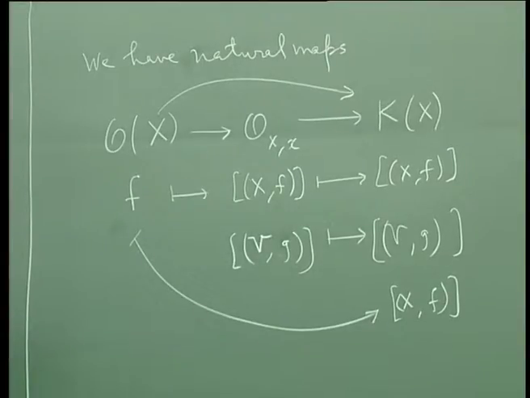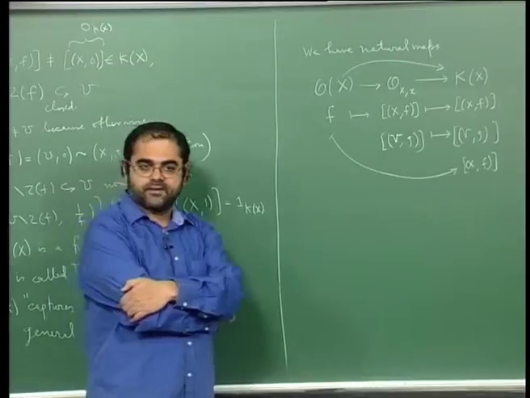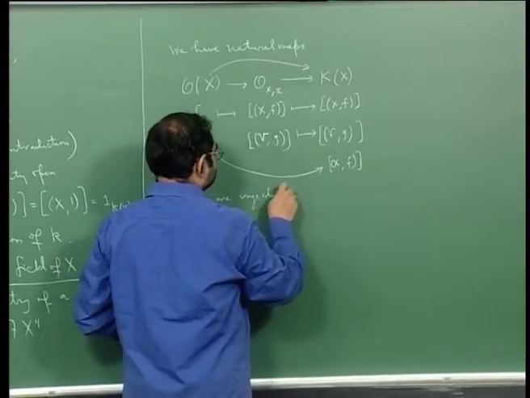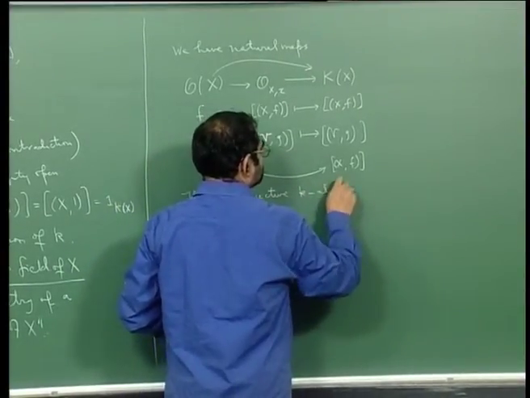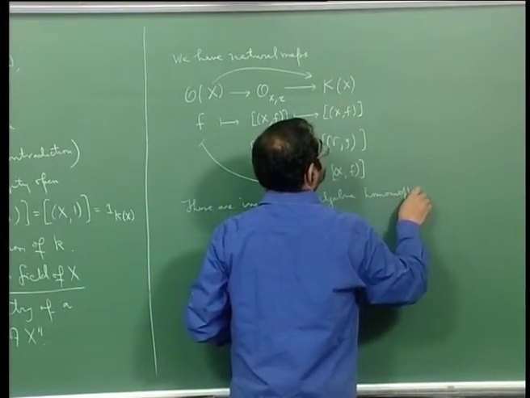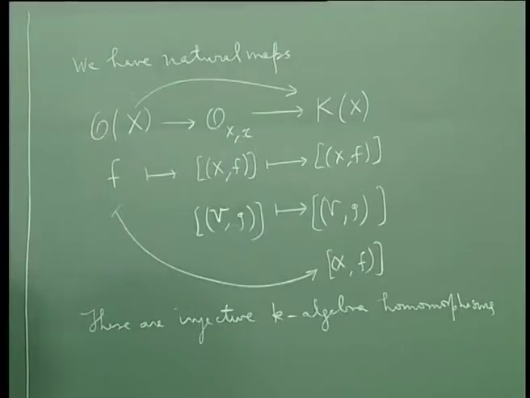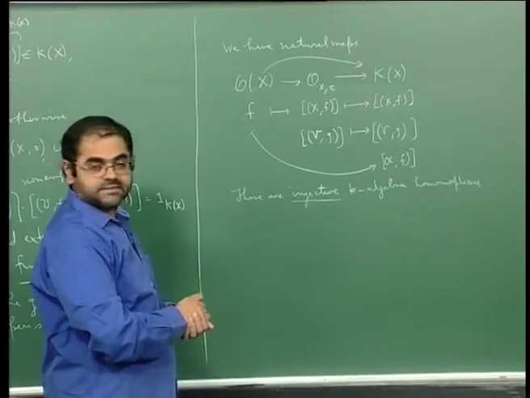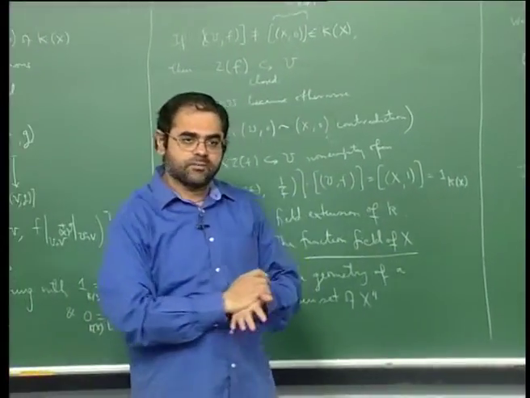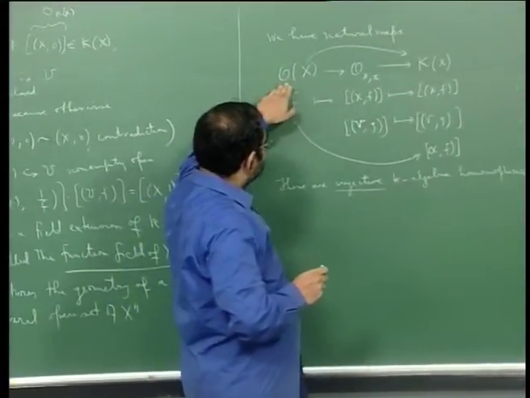Now the fact is that these maps are injective K-algebra homomorphisms. Of course they are K-algebra homomorphisms, namely they are ring homomorphisms which are K-linear. That's no problem, it's very easy to see. The point is the injectivity.